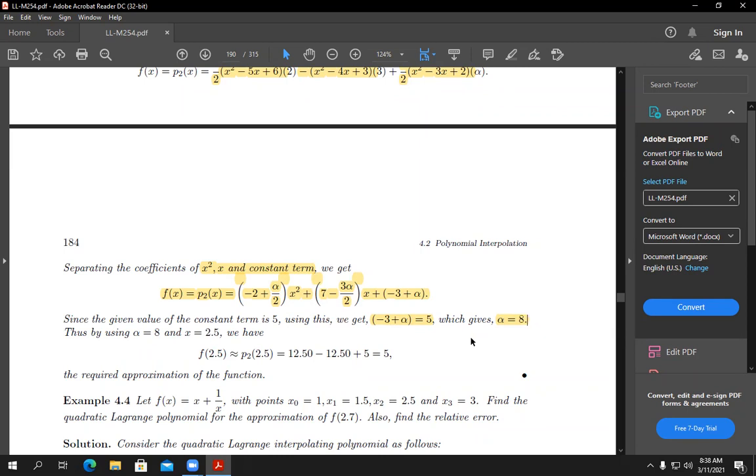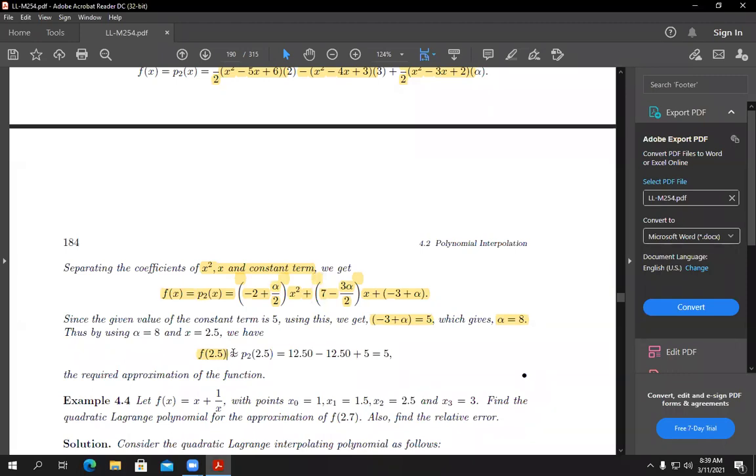After finding alpha, he said, find the approximation of the function at 2.5. So you have to put here, the unknown things are what? The unknown thing is alpha, and alpha you just calculated is 8. So you put 8 here, 8 here, 8 here, and then you calculate at 2.5. Now, as I told you, you have to write approximate, not equal, please.